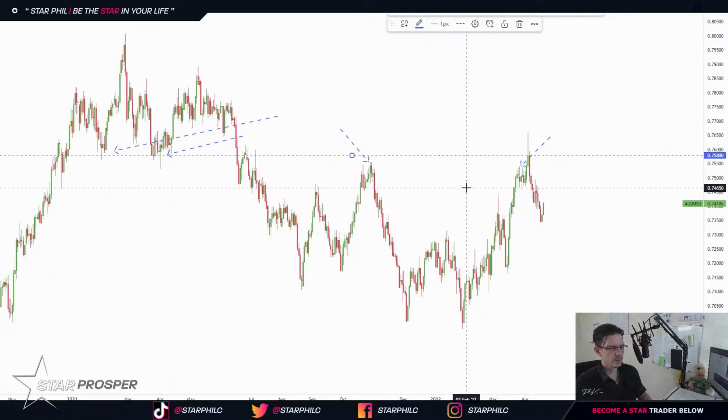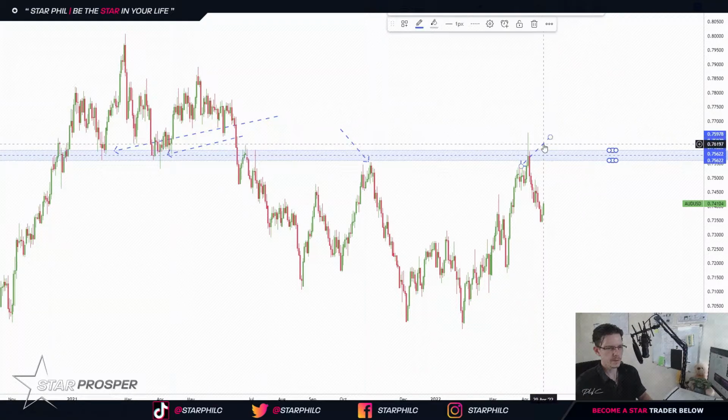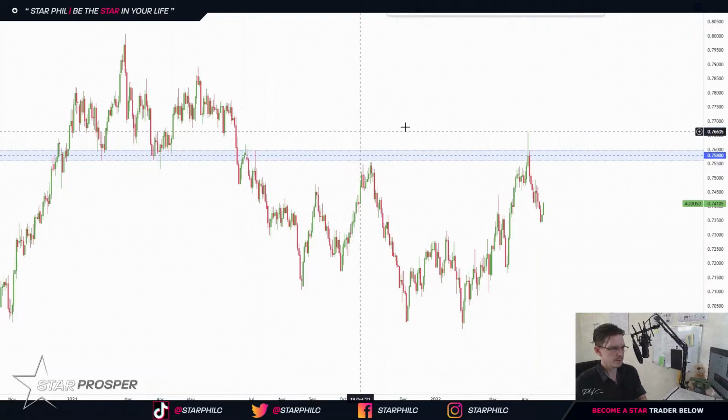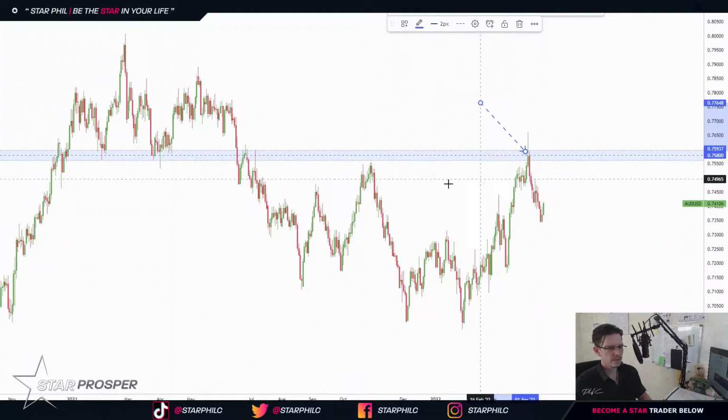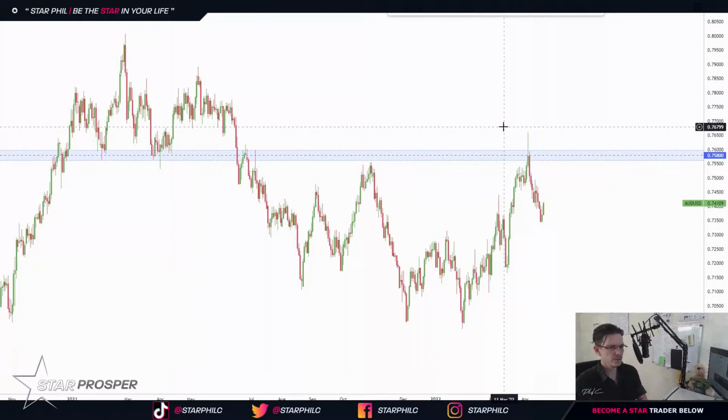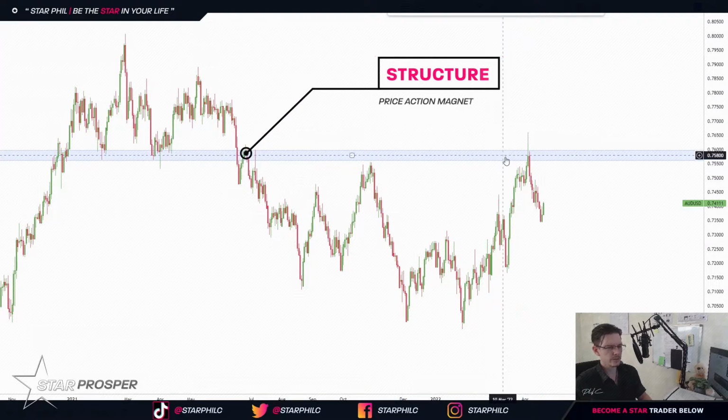And if I drop in a line tool here, and then do a little box here, now we can visually see, after we mark up the charts, that we have retested, remember, Aussie dollar daily time frame, we have retested this area, and when price action comes into this area, price action tends to react. Now this is what's known as structure.